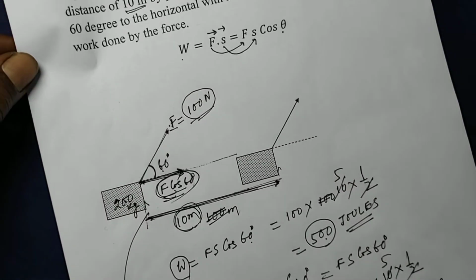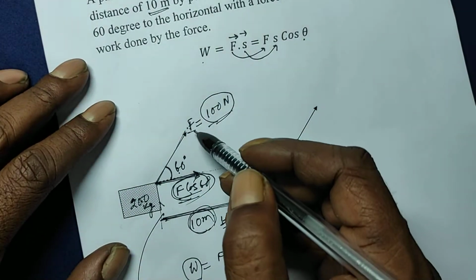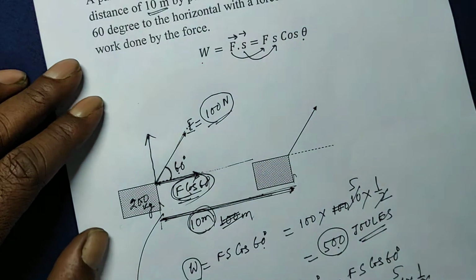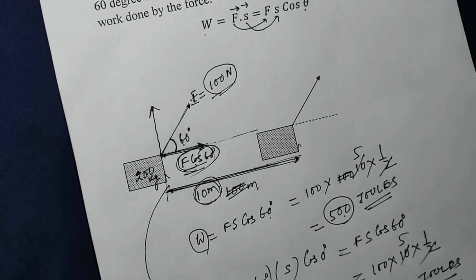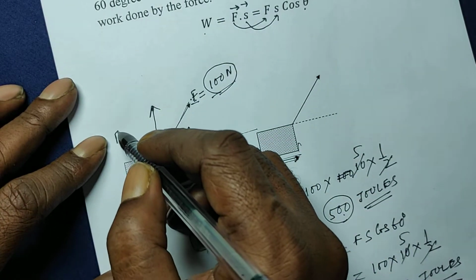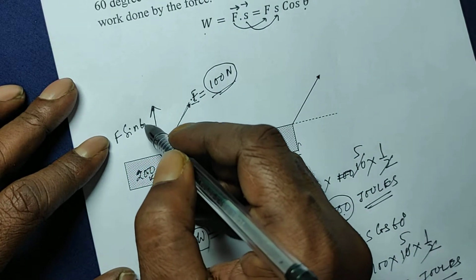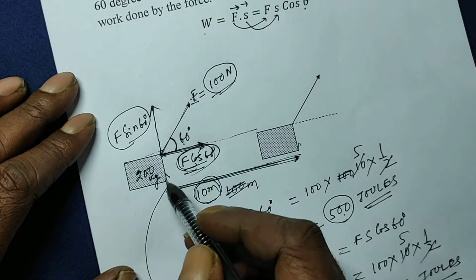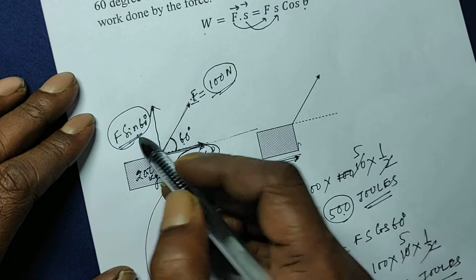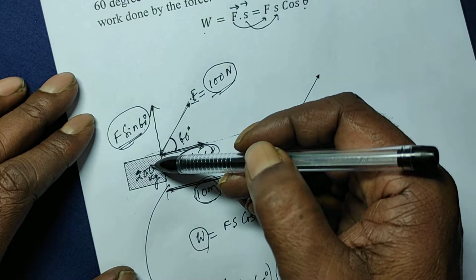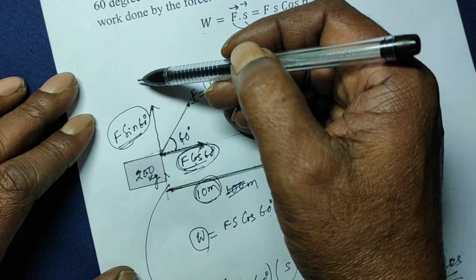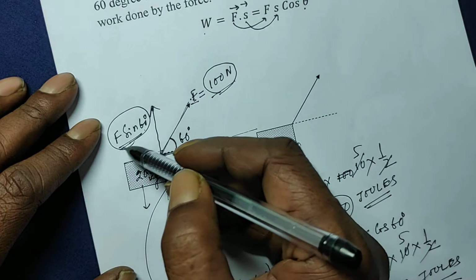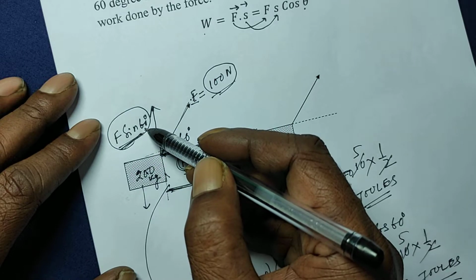Now you might be wondering, then what about the component of this force, that is this one, and this one will be F sin 60. And this body, due to F sin 60, is not able to move upward, meaning its weight is more than this or just equal to this.